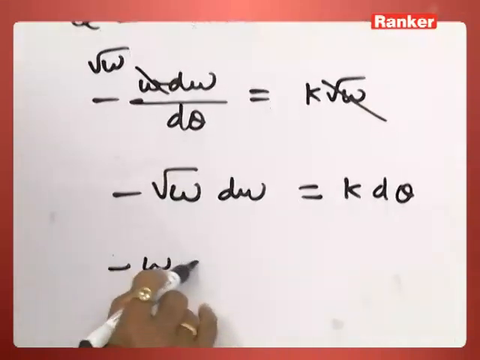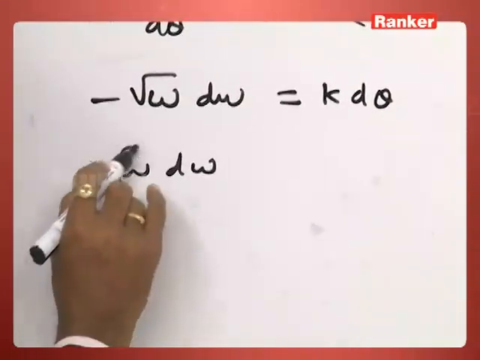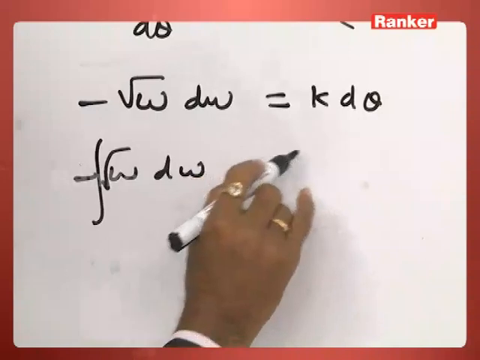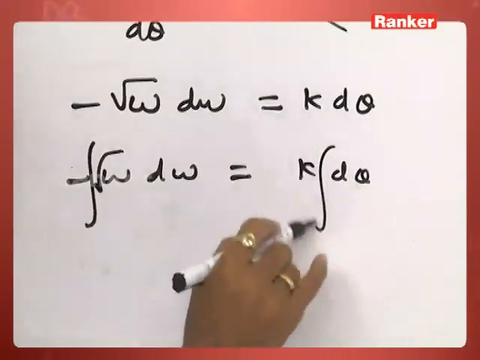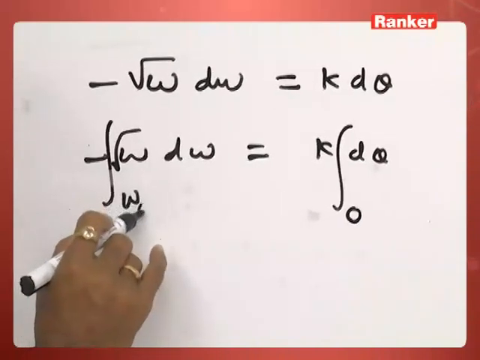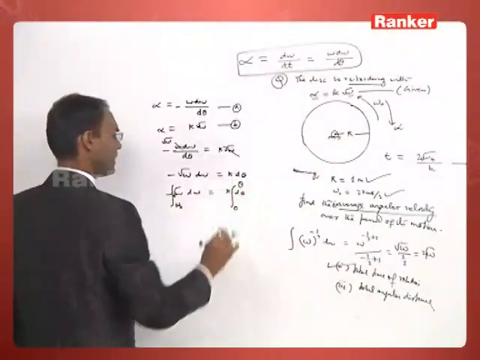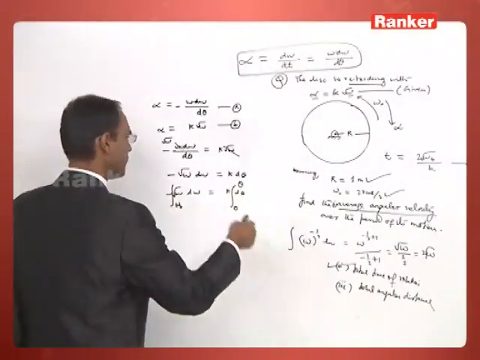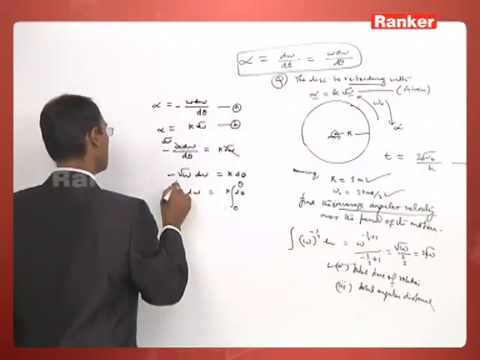Now let us integrate both sides. When theta is 0, omega is omega naught, and when it describes the total angle theta, it will stop.